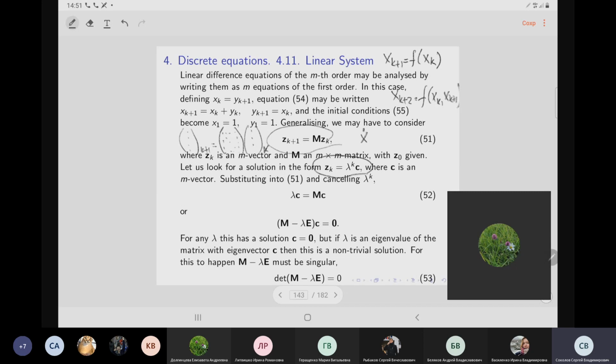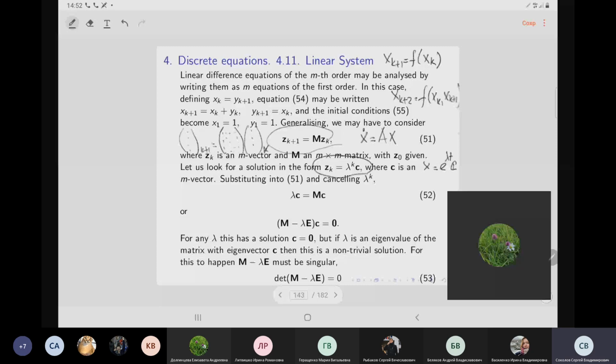So we can compare. If x dot is Ax, we are trying to find the solution x in this form. And we are going for the eigenvalue problem for lambda. And the same here.